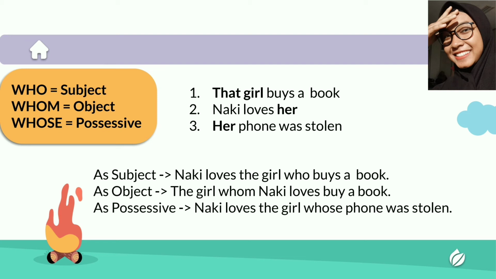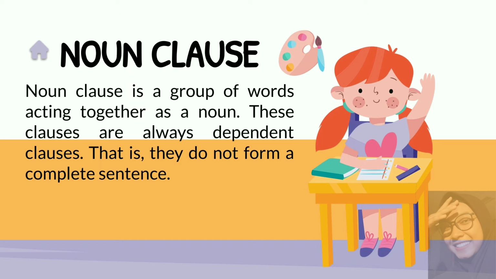So it can be the girl whom Naki loves buys a book. We can also change the word her in the second sentence to be a possessive. So combined with the third sentence, her here has the same position. So it can be Naki loves the girl whose phone was stolen.